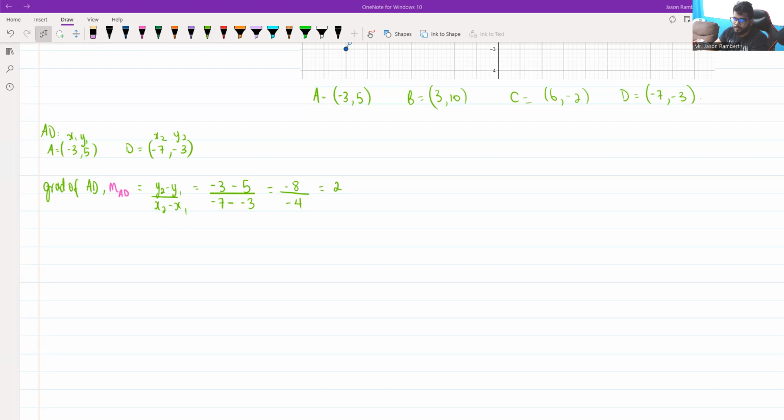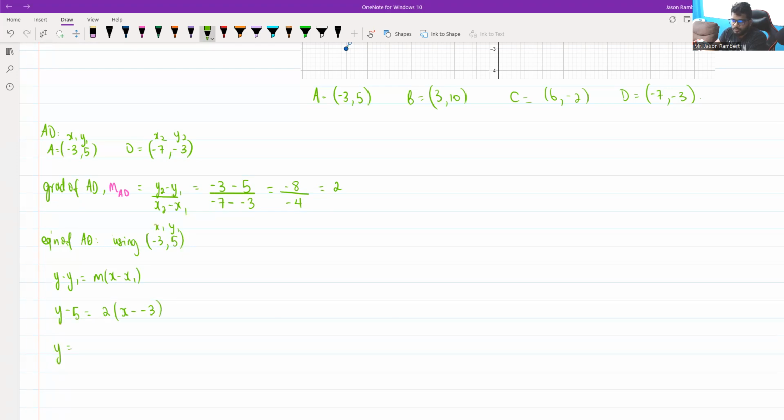Next, equation of AD. I'll use the point A. If you wanted to use the point D, you could have used the point D. It's given by the equation y minus y1 is m into x minus x1. So y minus y1 is m into x minus x1, and x1 is minus 3.